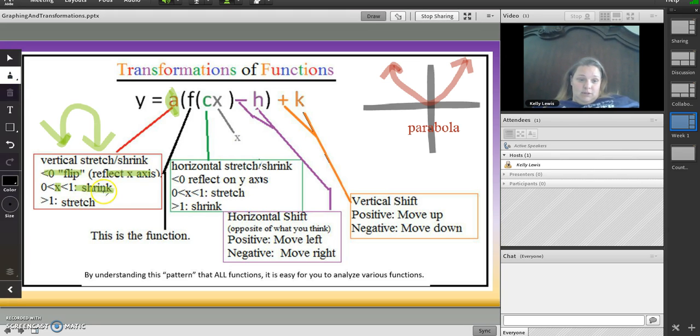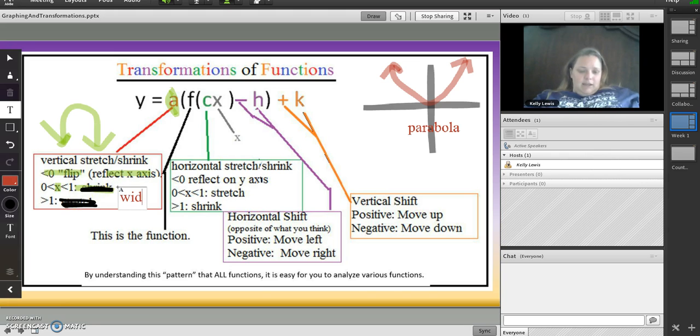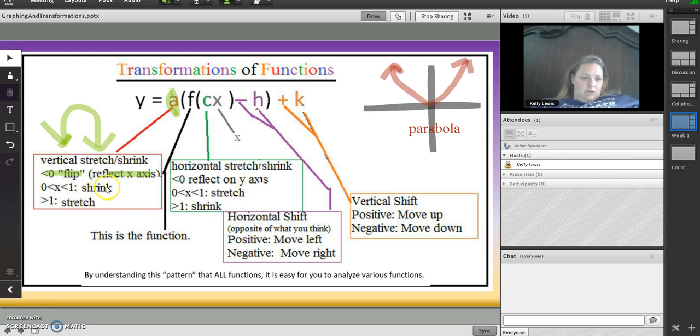That is backwards. If it's a fraction, it's going to get wider. If it's greater than 1, it will get skinnier. It will shrink. So it's opposite of what you think. You don't need to memorize this right now.